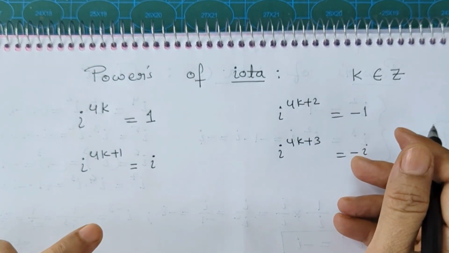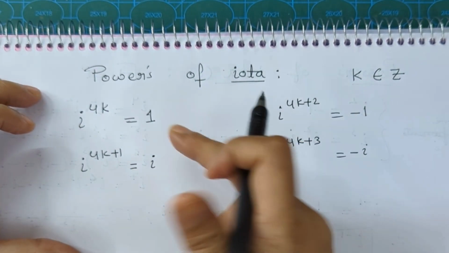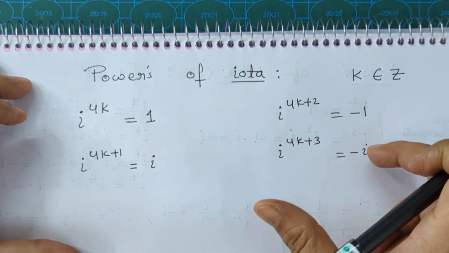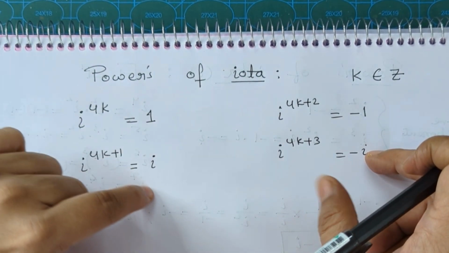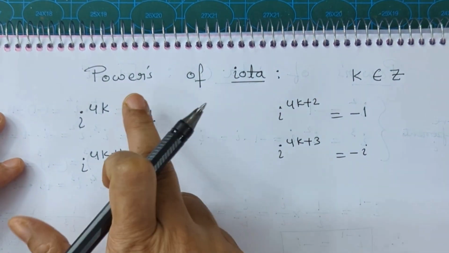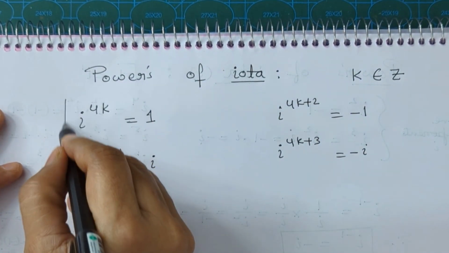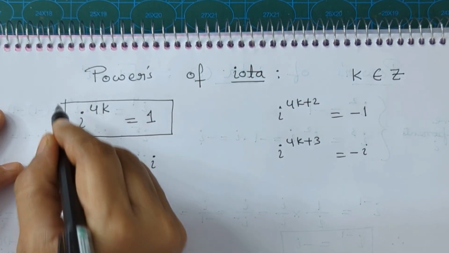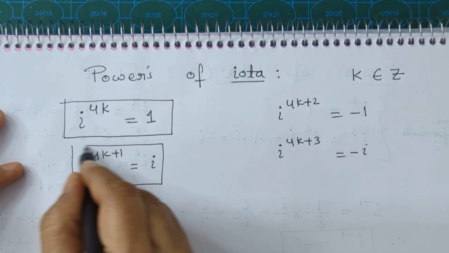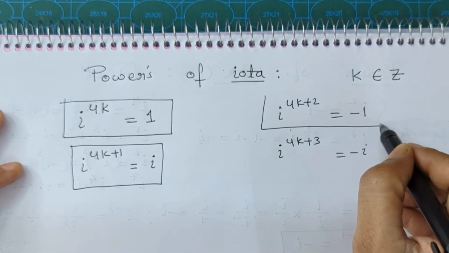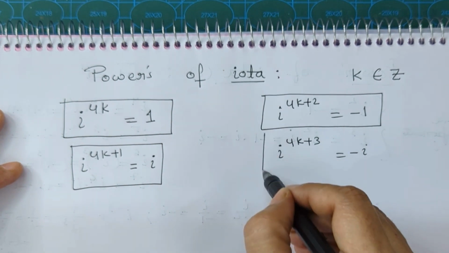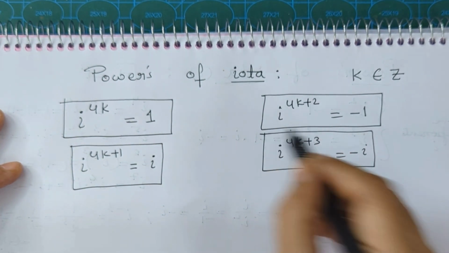This is how, when we derived the terms, we were getting 1, i, minus 1, minus i. Again the same sequence was repeating. So powers of iota, remember that i to the power 4k is 1, i to the power 4k plus 1 is i, i to the power 4k plus 2 is negative 1, i to the power 4k plus 3 is negative i.